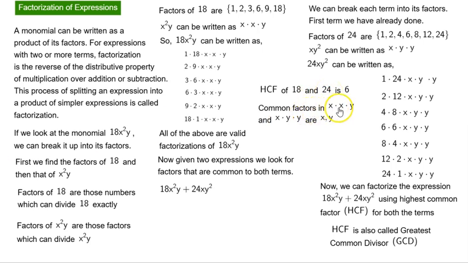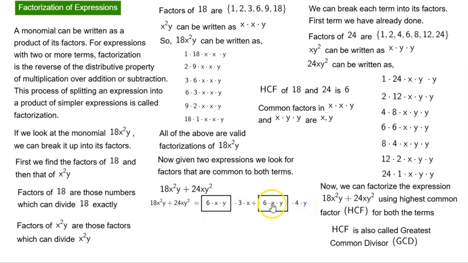Common factors in xxy and xyy are x and y. So 18x square y plus 24xy square can be written as 6 times x times y times 3 times x plus 6 times x times y times 4 times y.